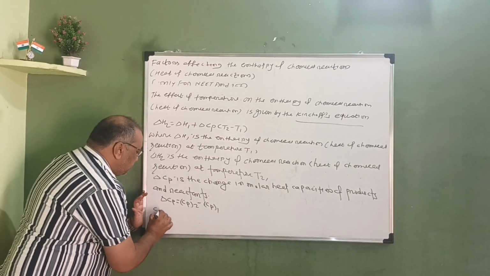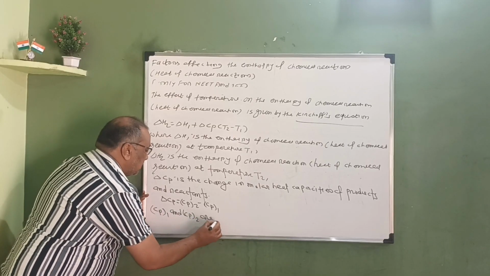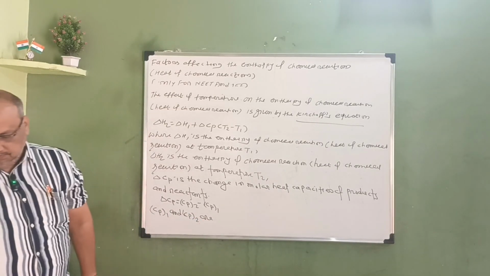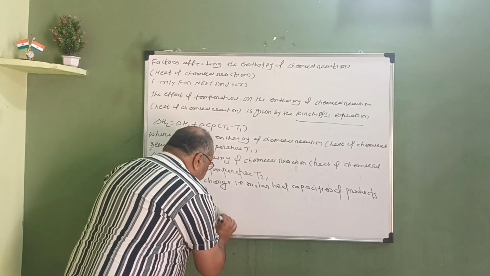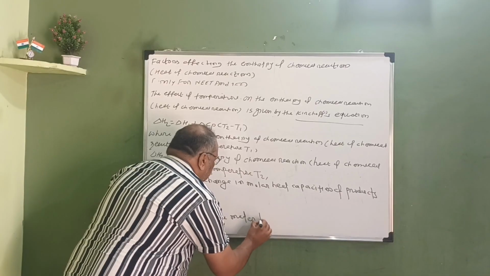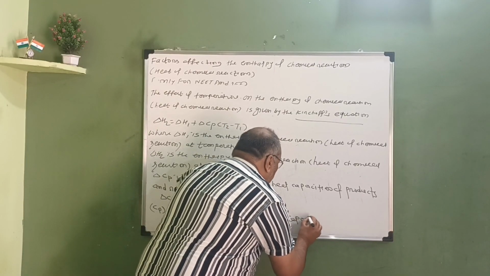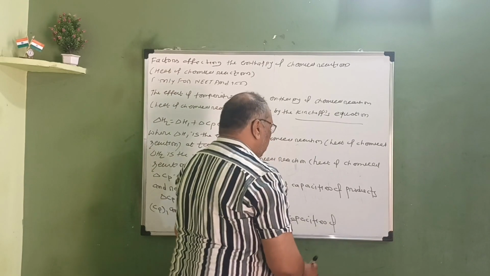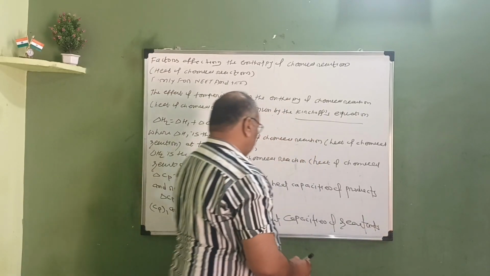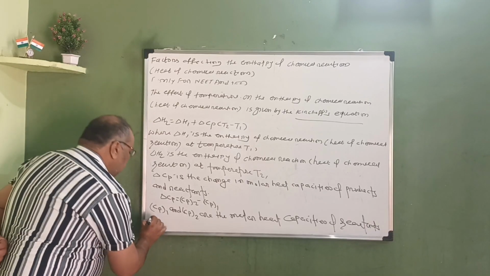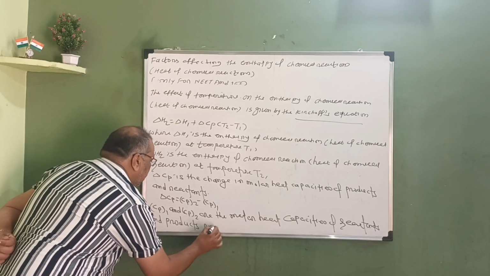That means here Cp1 and Cp2 are the molar heat capacities of reactants and products respectively.